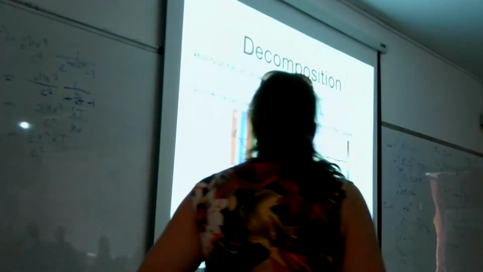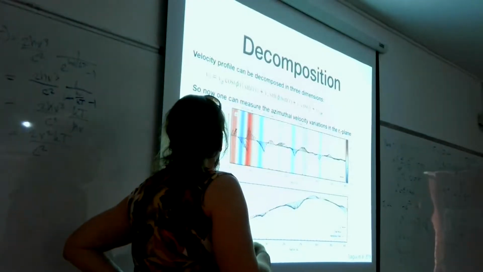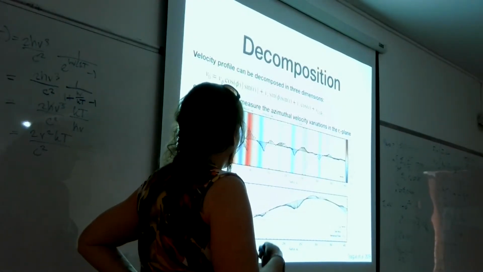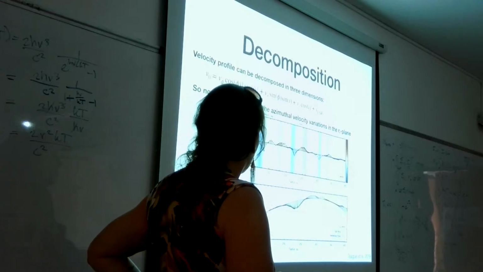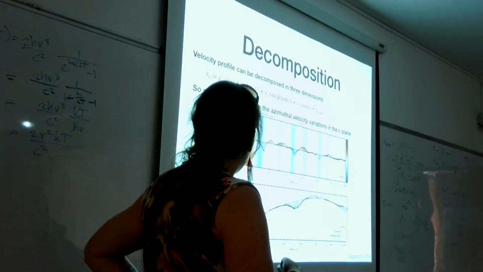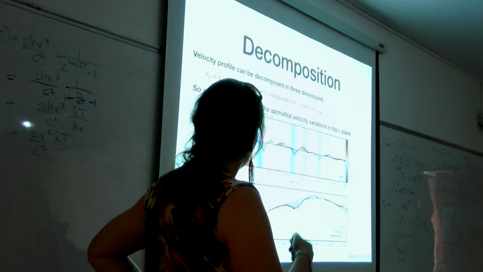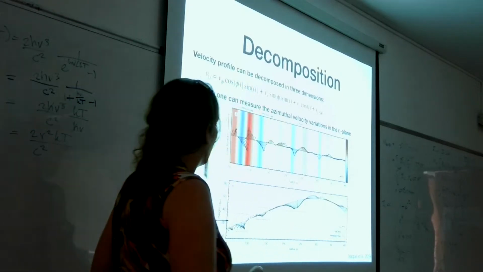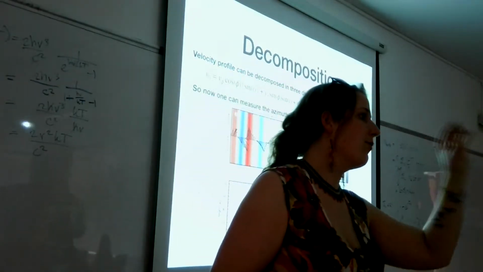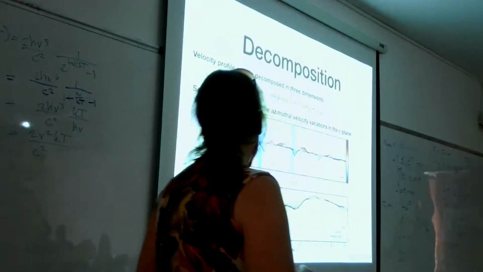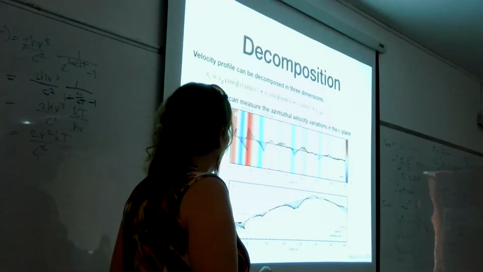Another thing that he measured, now plotting this velocity variation as a function of the vertical direction, is that in the locations of the gaps, so the locations of these dash-dotted lines, there is a strong downward motion. So there's a vertical component that is downward, that is not present elsewhere.